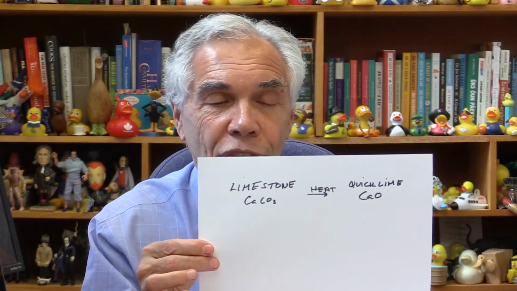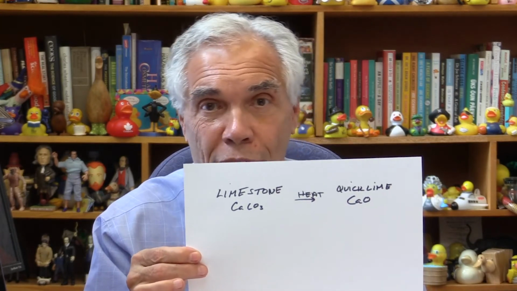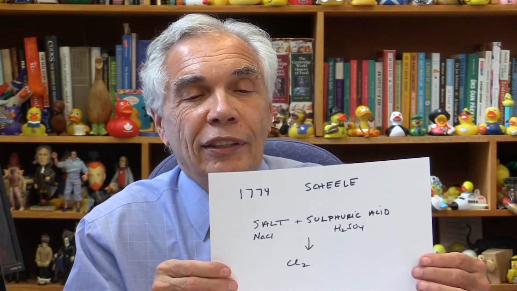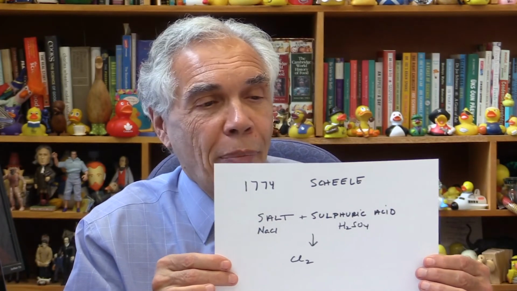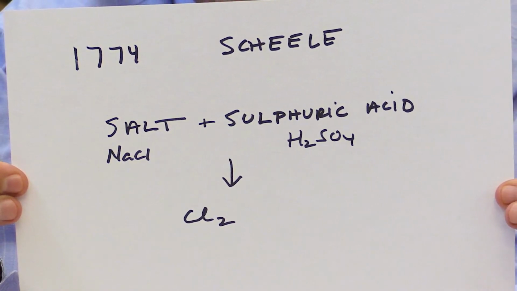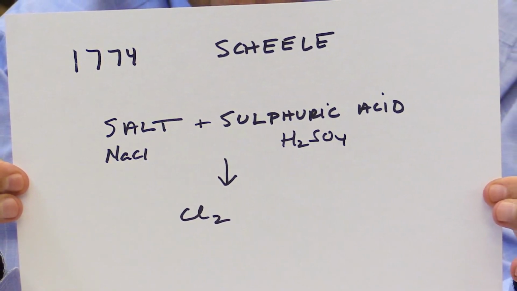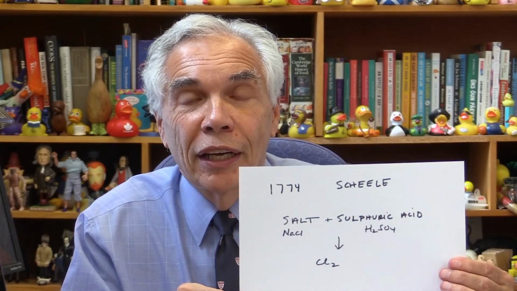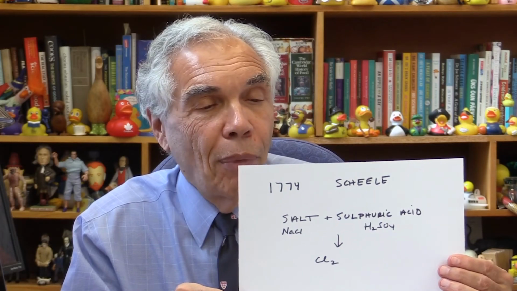But now, of course, comes another question, because we had used chlorine. Where would they have gotten chlorine? Well, in 1774, the Swedish chemist Scheele found that if you took salt with sulfuric acid, you generated chlorine gas. Salt, well, of course, that you can get by evaporating seawater or you can mine it.